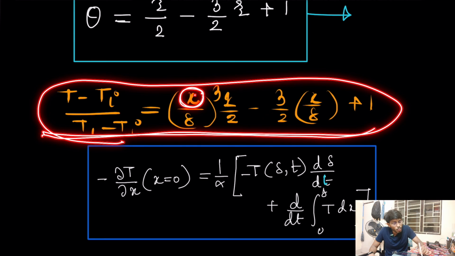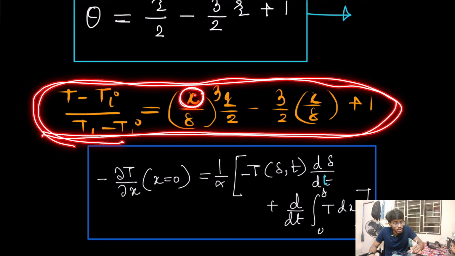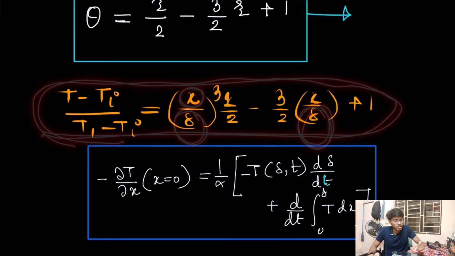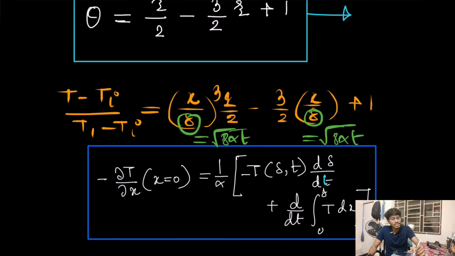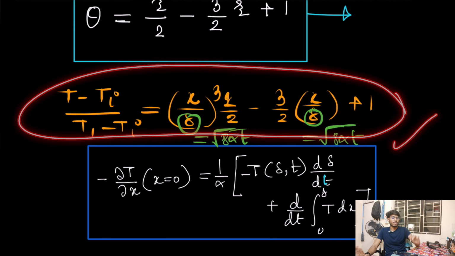In this assumed temperature profile, only the form of delta was unknown. Now you have already got that my delta is root over of 8 alpha t. So now if you put this in, then you got the whole approximate solution. So this is your answer. This is your approximate temperature profile.